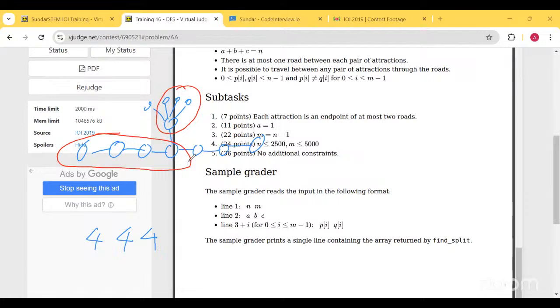Alright. And the rest is this. This is not connected, but it's still okay. Alright, so let's find the other idea. What do you think?